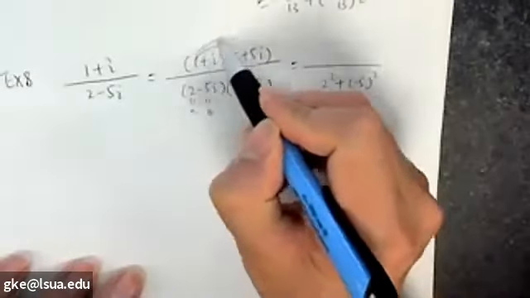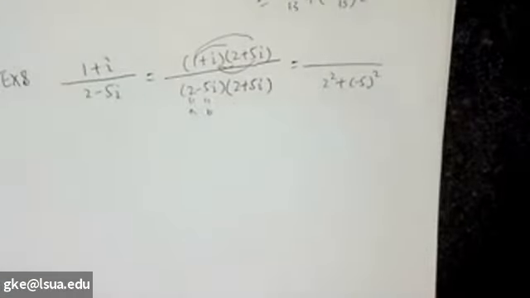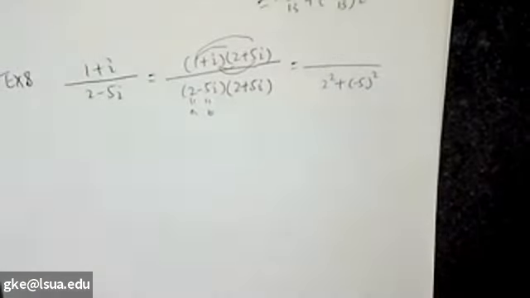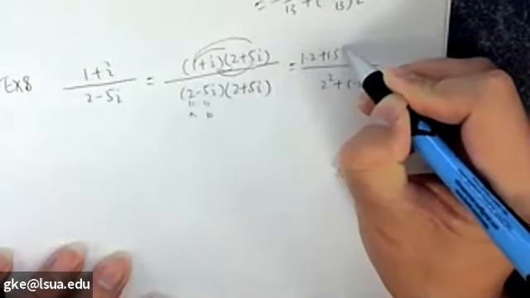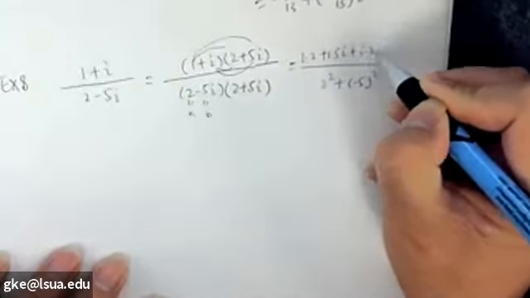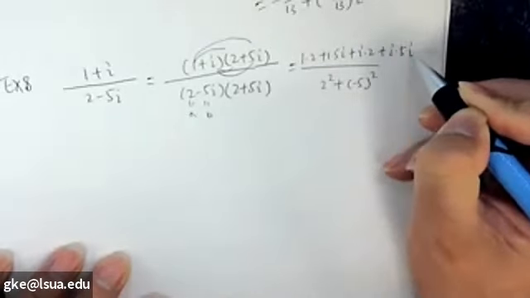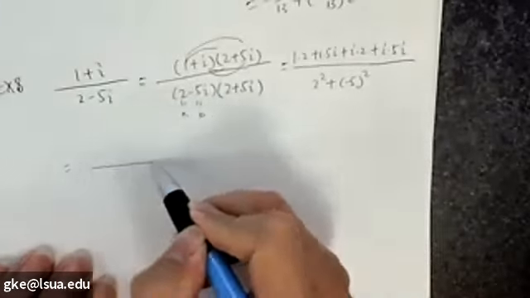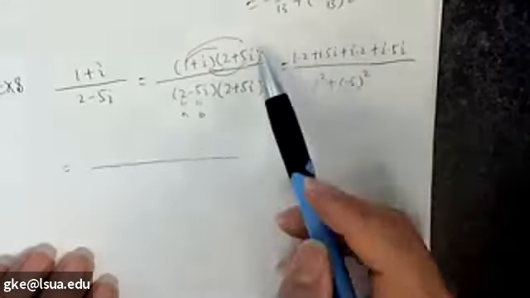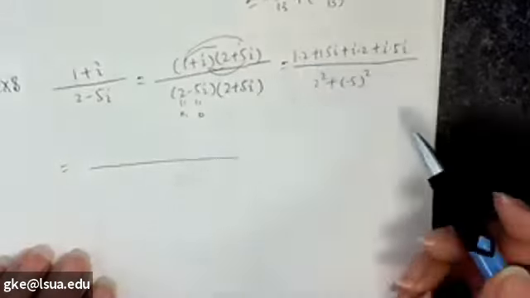Now distribution for the numerator: 1 times 2, 1 times 5i, i times 2, i times 5i. And we practice several times for the multiplication. You should master it very well.